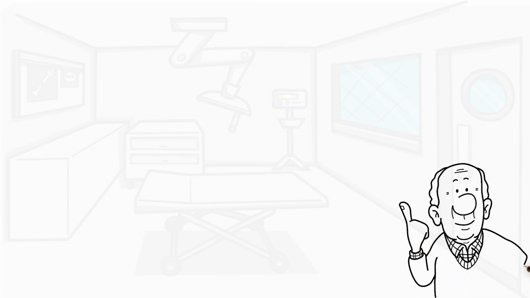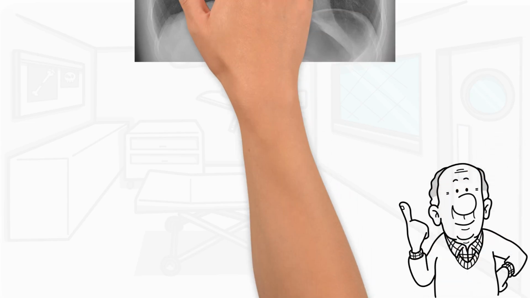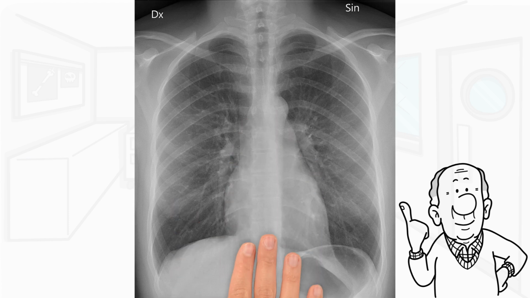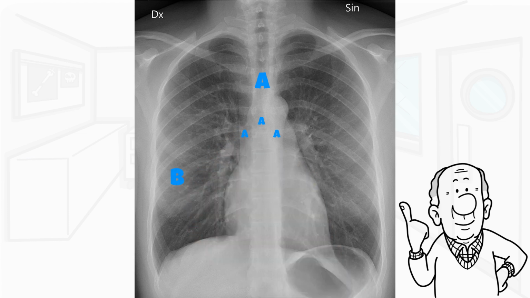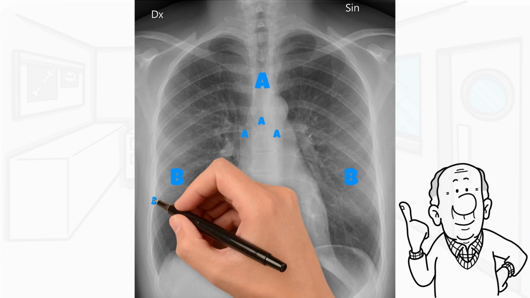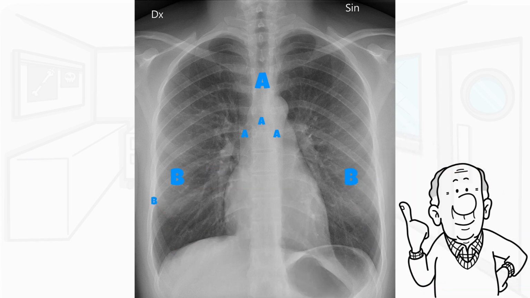So, towards the end of our video, let's label these anatomical areas with the alphabets we learned. A signifies the trachea, carina in the middle, and a right and a left-sided bronchus. B is for the lungs and the pleura. There's a right and a left-sided lung, and again, a right and a left-sided pleura.